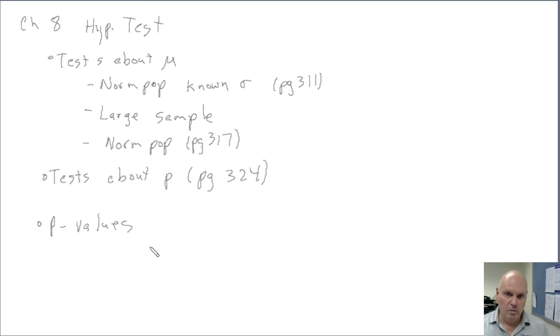And then the last thing we talked about is actually making decisions based on p-values instead of using alpha and critical values. For the p-values, there were 2 cases based on where we did a z-test, so large sample or normal population with known sigma.